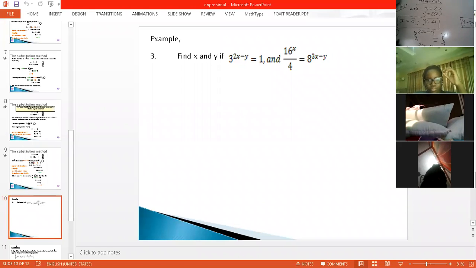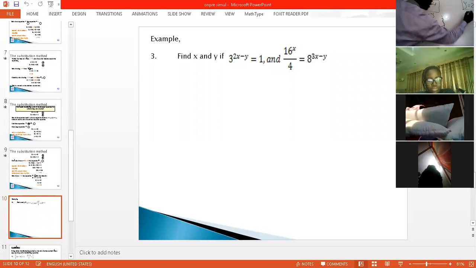And from this point, you can make y the subject of the formula. Making y the subject of the formula will give you y equals 2x. And that is what I have here.